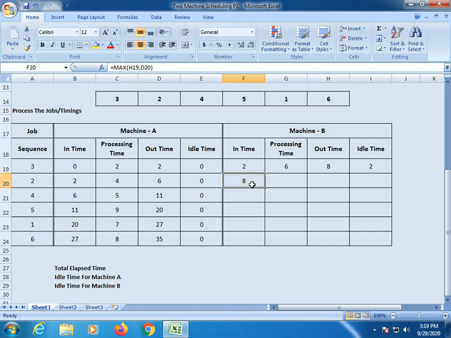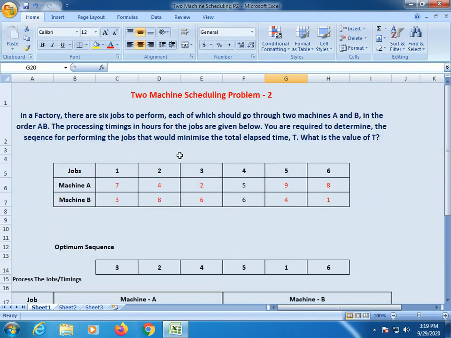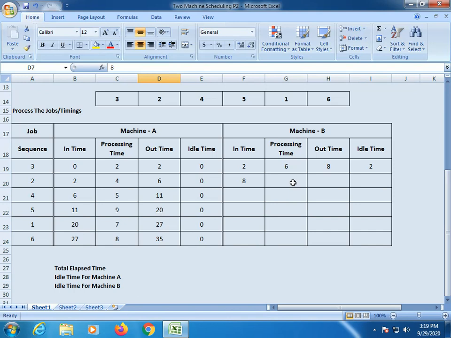Then we take the processing time of job 2 relating to machine B, which is 8. How do we calculate the out time? In time plus processing time is the out time. At the 16th hour job 2 is completely processed.